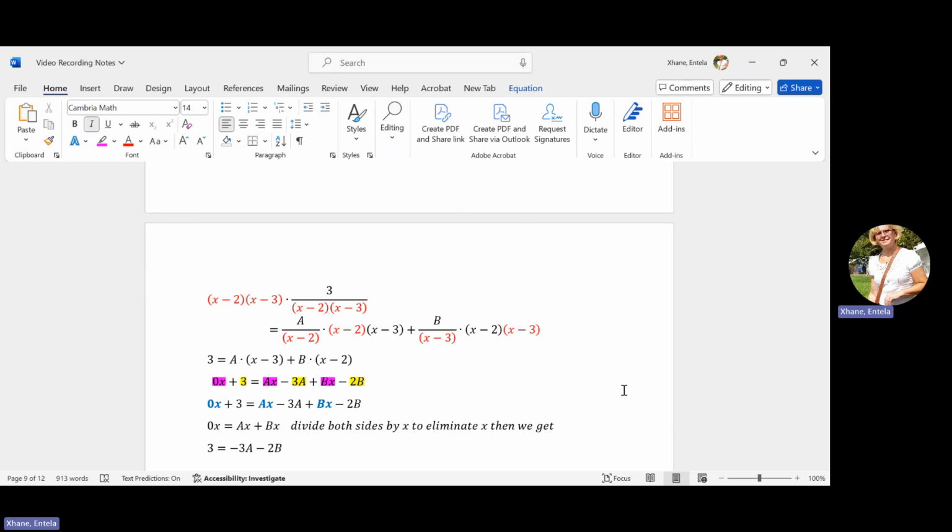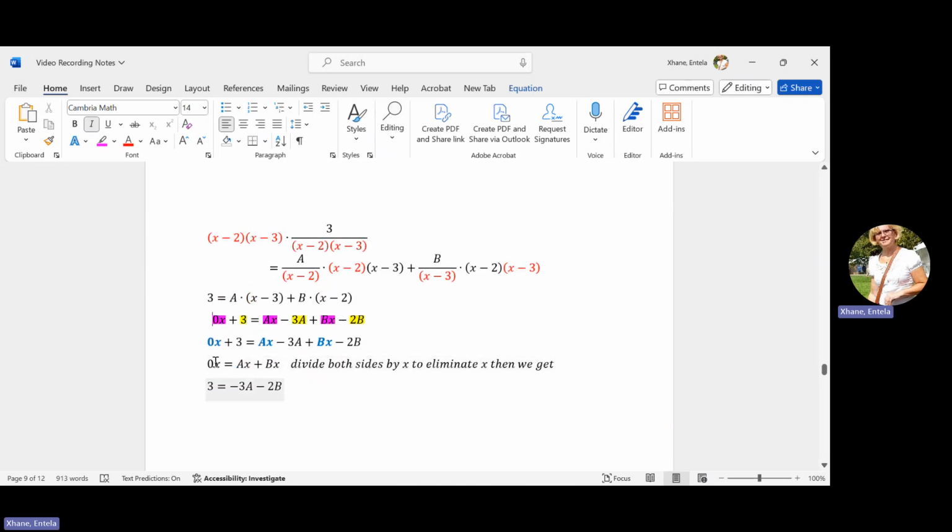So all the purple terms are terms of the variable x. They all share x. So that means the coefficient on the left must be set equal to the coefficient on the right. So the 0x on the left must be set equal to ax plus bx, which, if I divide both sides by x, makes 0 equal to a plus b.